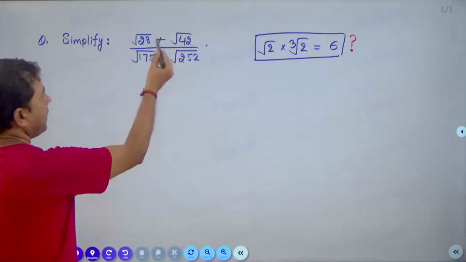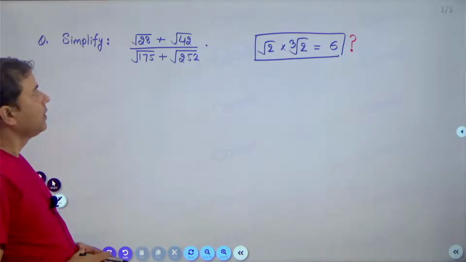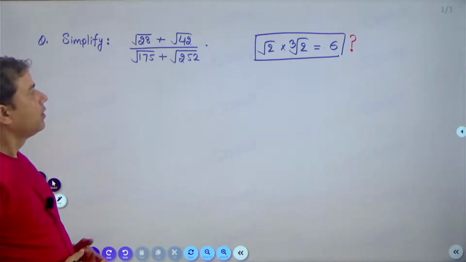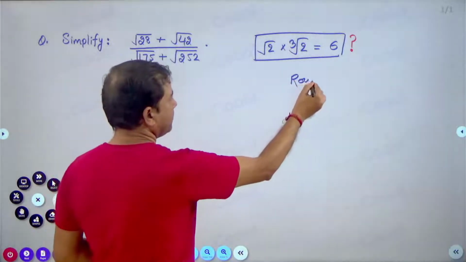Whenever you have this type of expression, you should try to simplify each number. This is the rough work I am showing here.